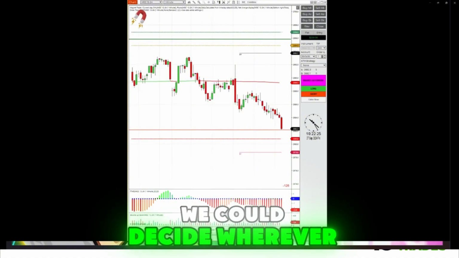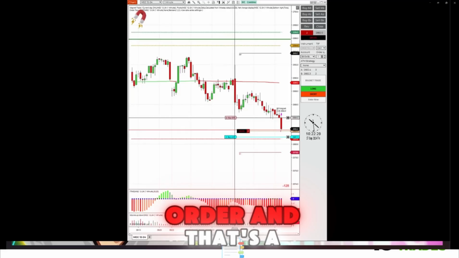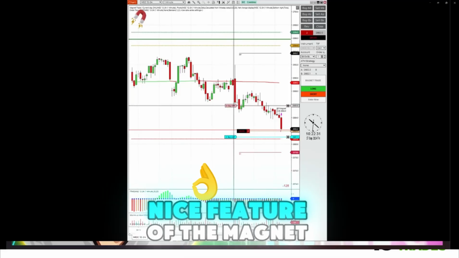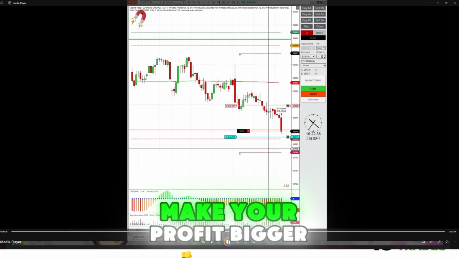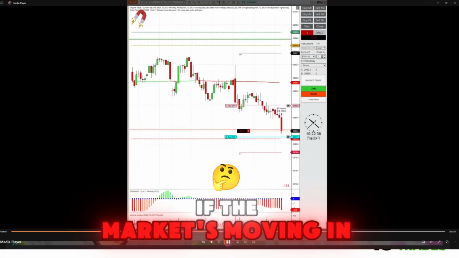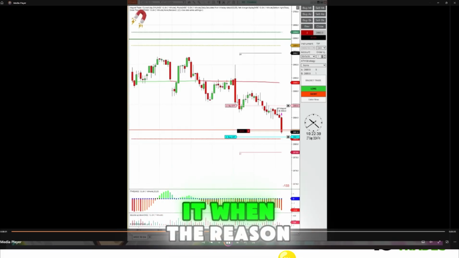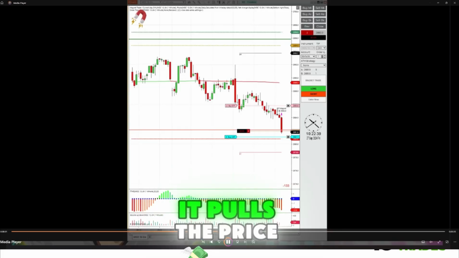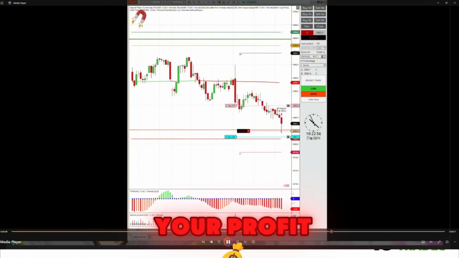We could decide wherever we want to put our entry, we can move the order. And that's a nice feature of the magnet. You can move your orders, make your profit bigger if the market's moving in your direction. Here we have the beauty of a magnet. The reason we call it a magnet, it pulls the price into it, and that's where you get your profit.